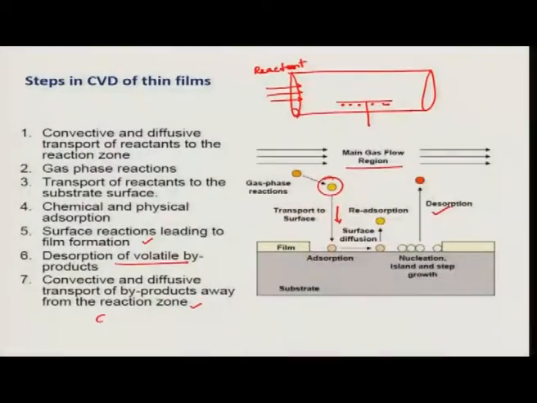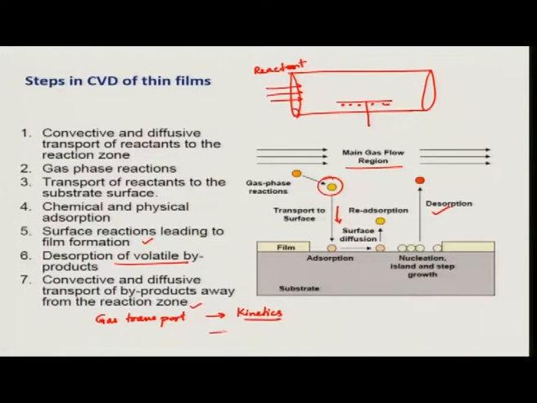So, these are various steps involved, but if you look at it broadly, there are two things. One is gas transport, which we can call kinetics, and it could be convection or diffusion or transport of constituents or reactants to the surface where they react.